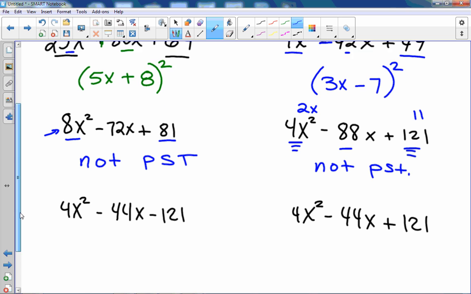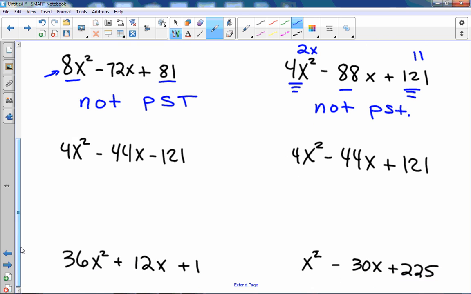Now, let's look at these four. Very similar problem now. We've got perfect square, check. Now, are both of them positive? Oh, no, they're not. I know we disregard the first sign, but on this one, negative 121 is really not a perfect square.